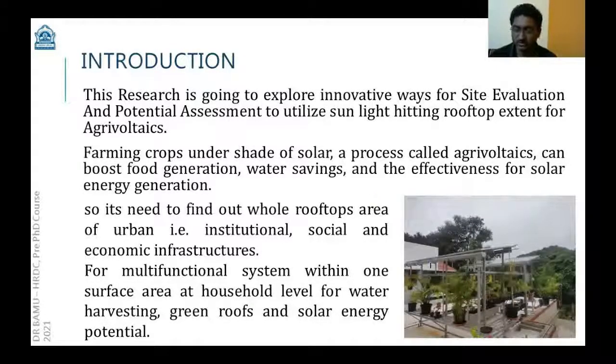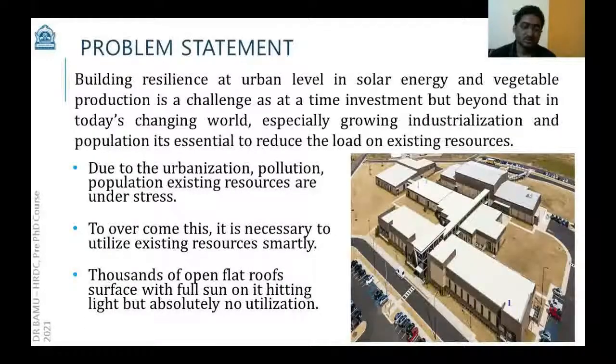In this picture, you see there are solar panels, and inside the panels there is some greenery. For that, we need to find out the space which is openly available. A lot of space is there, but we do not find it and utilize it.